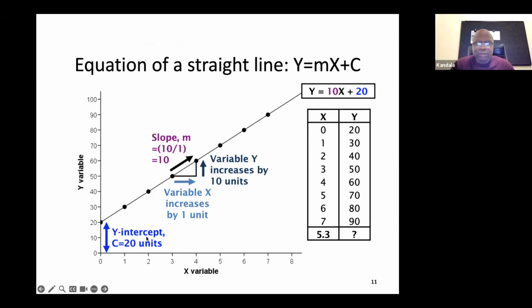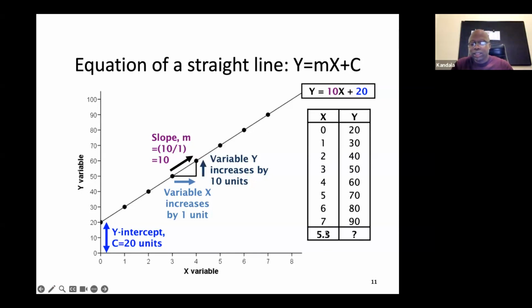The intercept clearly is the value of y when x is equal to 0. In this equation, if x is equal to 0, then 0 multiplied by m is 0 plus c. So we have the constant, which is the average value when x is equal to 0. So that is one thing.